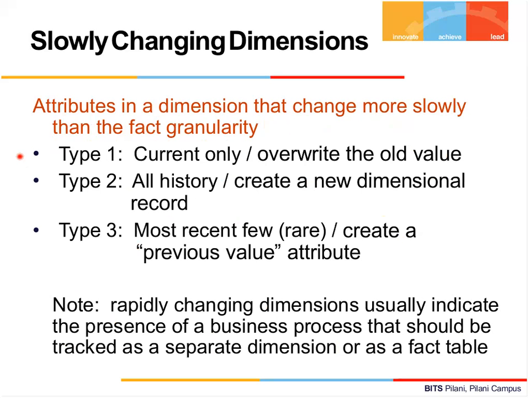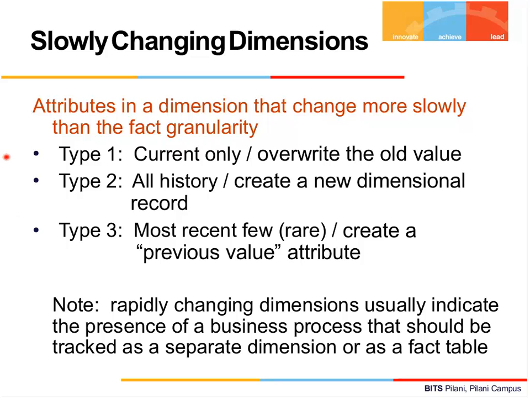I don't care about where I worked in the last 2 years. I just care where I am working today. If that is what you care about in your analysis, then you can overwrite that. You don't want to do the analysis based on historical change. Then it's a type 1 change. That means if that happens, you just overwrite the value in the dimension table, and you're done with it.